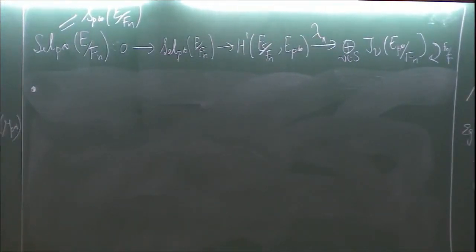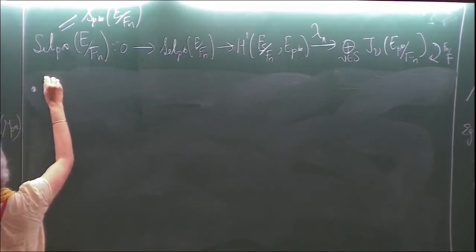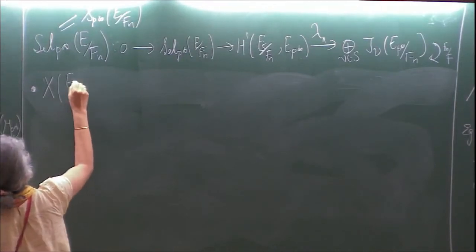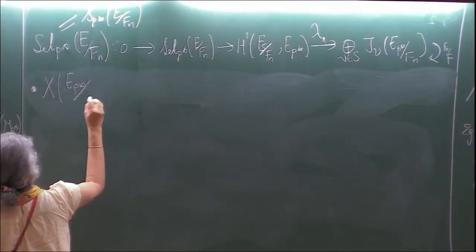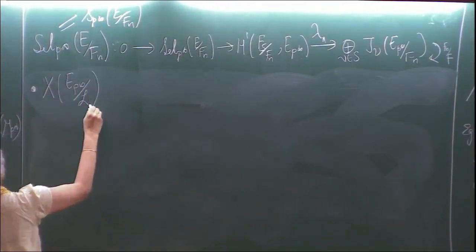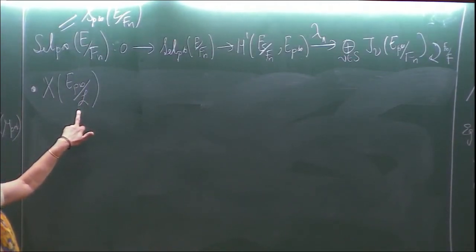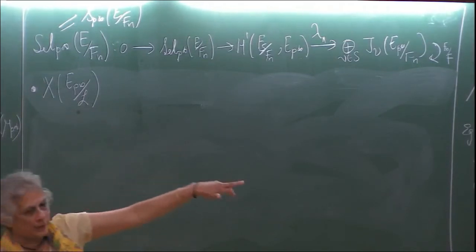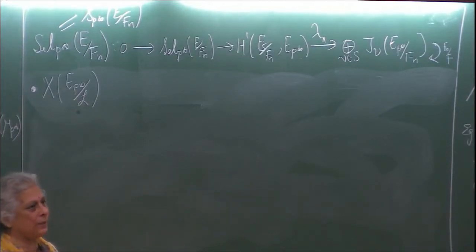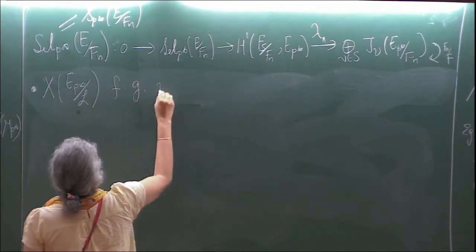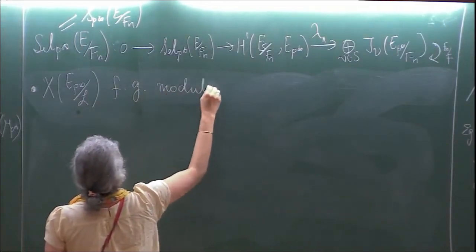The usual Nakayama's lemma that we study in commutative algebra will tell us that these dual Selmer groups, which I'm calling X of E over P infinity over L, where L is either F cyclotomic or any of those F infinity extensions, are modules over the Iwasawa algebra. So the first thing, which is very easy to prove, is that they are finitely generated modules over the Iwasawa algebra.